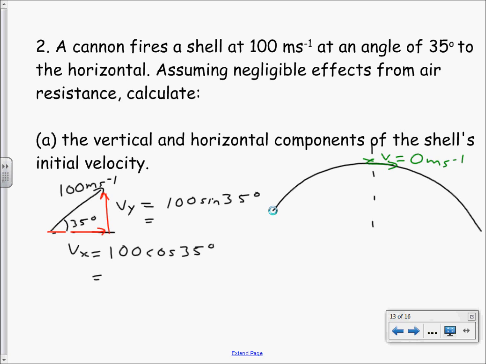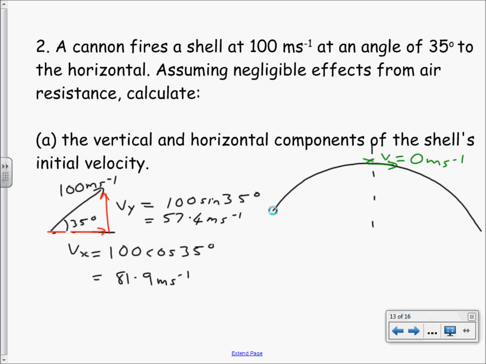So 100 sine 35 is 57.4 meters per second. And 100 cos 35 is 81.9.